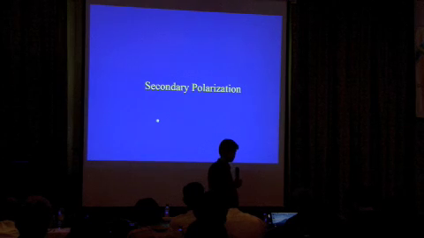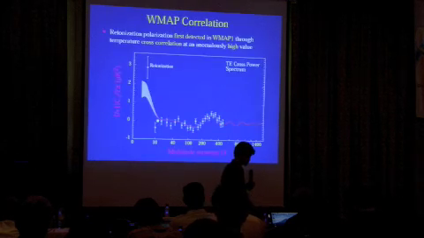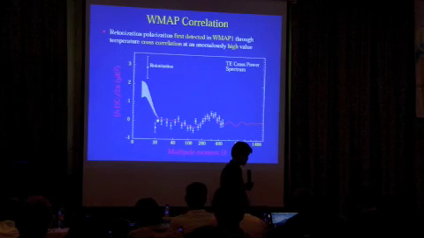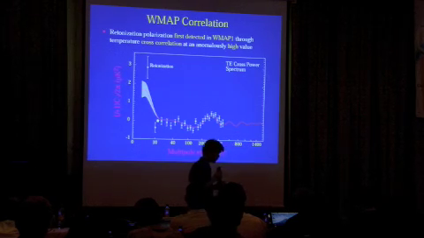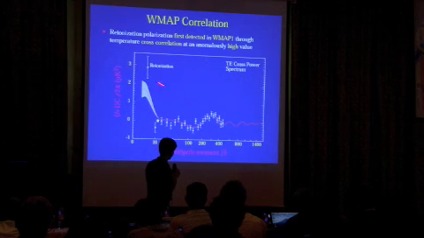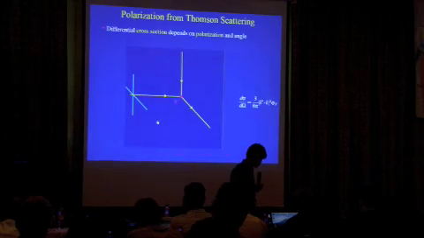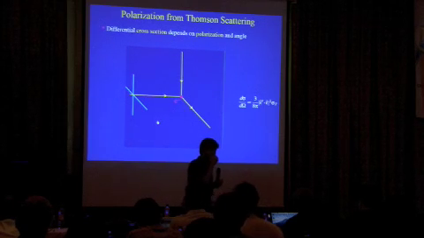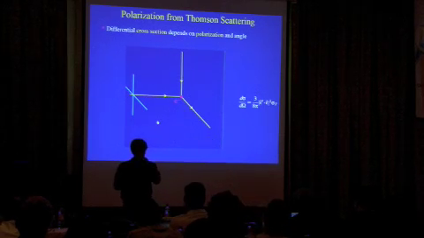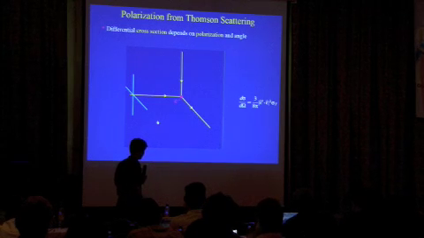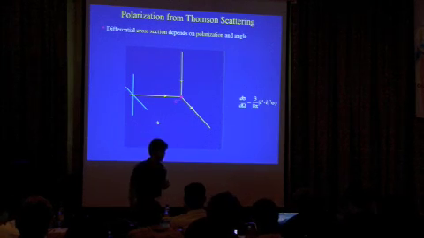That's through secondary polarization. So let me just go through the basics of polarization. This is the first detection, actually an anomalously high detection from a cross-correlation between temperature and polarization. It's now come down a little bit. Let me review for you the basics about why reionization polarizes the microwave background, or scattering polarizes the microwave background.